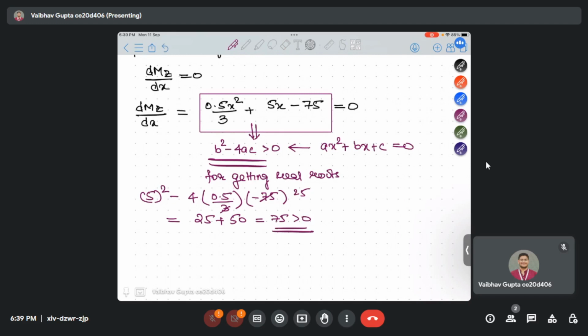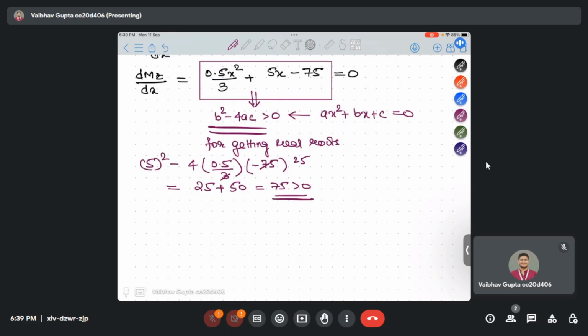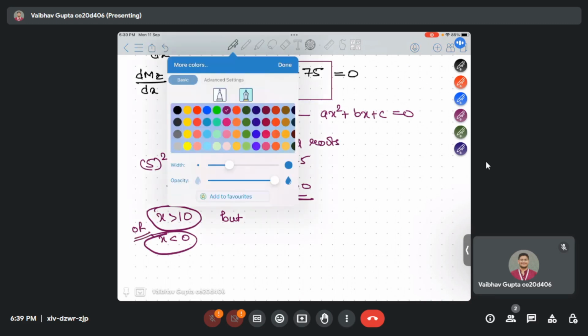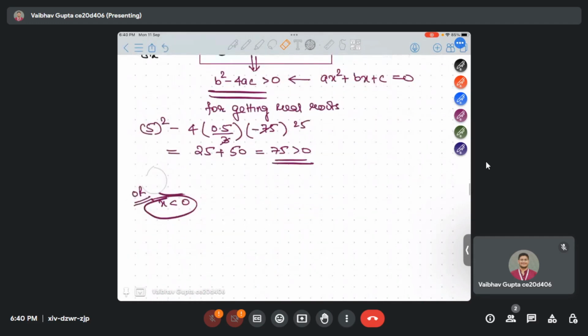But if you find the roots of this equation, they will come out to be x greater than 10 or x less than 0. I'll find the roots for you.